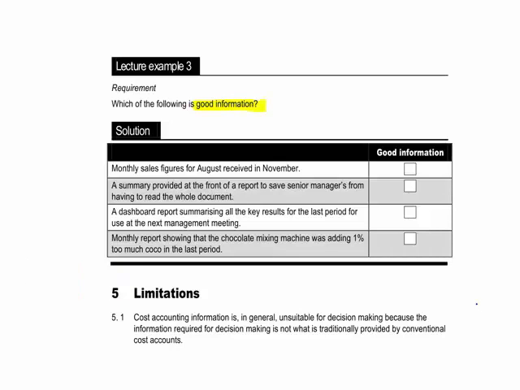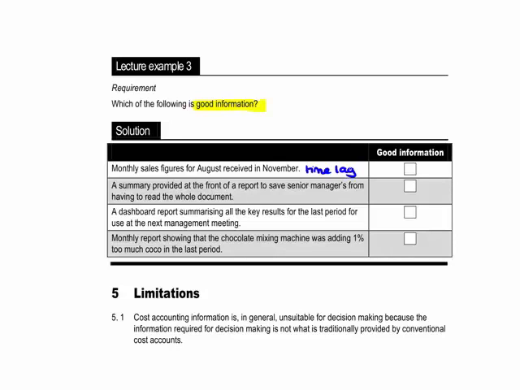Monthly sales figures for August being received in November, well, that's not particularly good because of the time lag. So there's quite a long lag there in time. A summary provided at the front of a report to save senior managers from having to read the whole document.